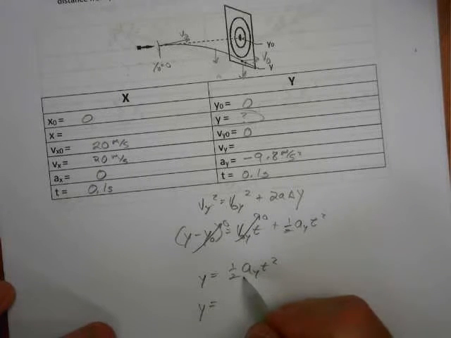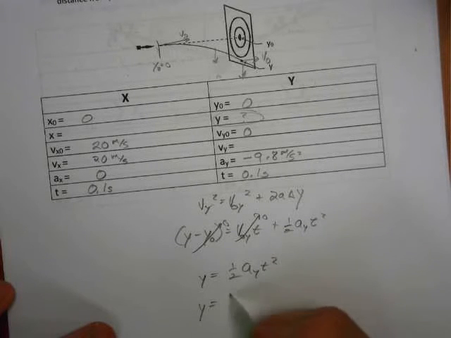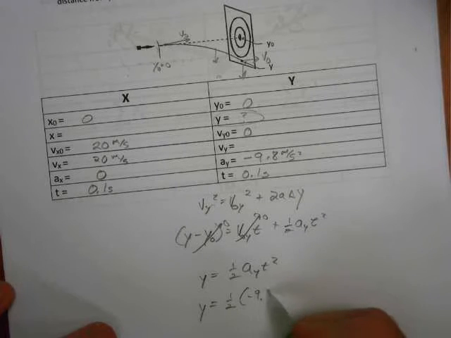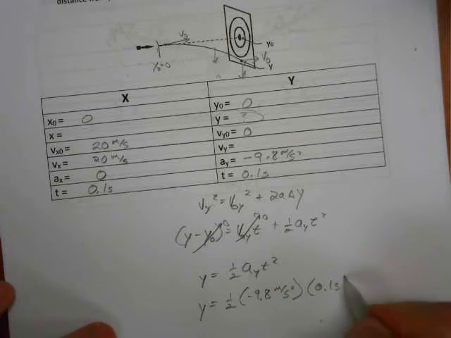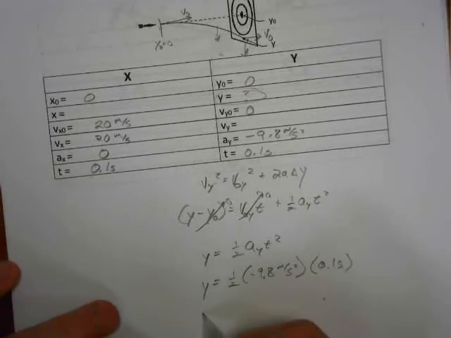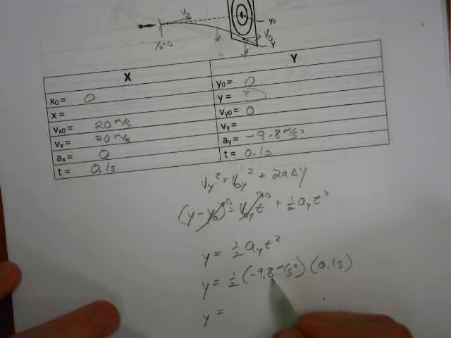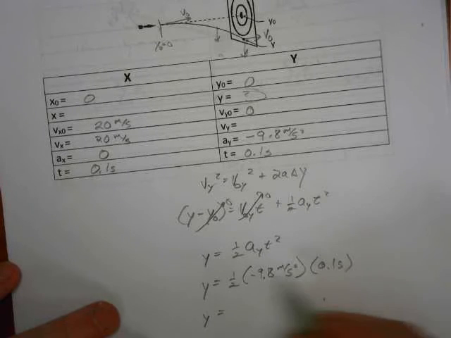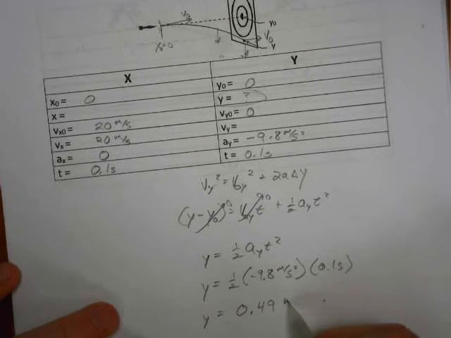Y is 1/2 negative 9.8 meters per second squared times t, which is 0.1 seconds. So I guess just doing this off my head, this would be negative 4.9 times 0.1, so that'd be negative 0.49 meters.